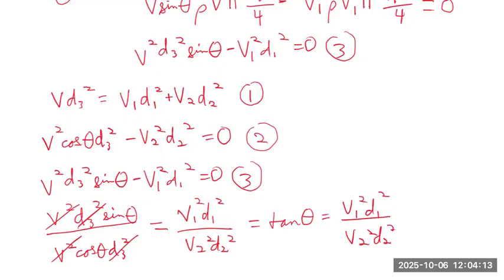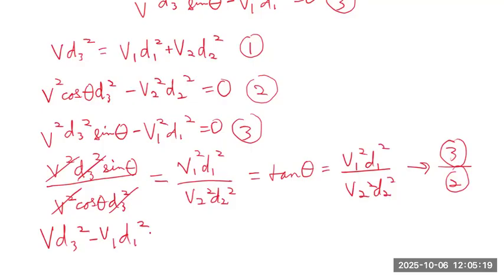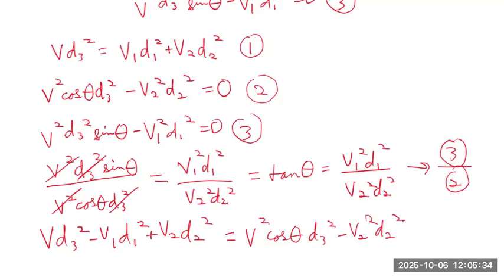So combining equation 1 and 2, we have that VD3 squared minus V1D1 squared plus V2D2 squared is equal to 0, which is equal to V squared cosine theta D3 squared minus V2 squared D2 squared.